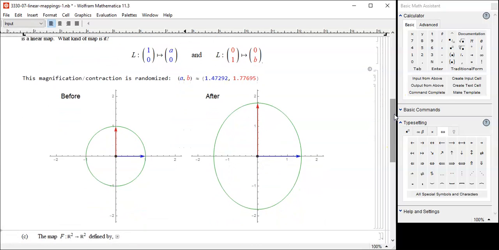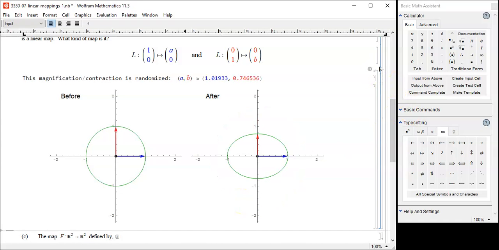This program is randomized, so if I run again, I'll get a different A, B value. Here A is 1.47 something, nearly 1.5, and B is 1.77, so stretching by about 1.5 and by about 1.77, so stretch a bit further in the Y direction, in the E2 direction. Consequently, this circle is a little bit more elongated in the vertical direction.